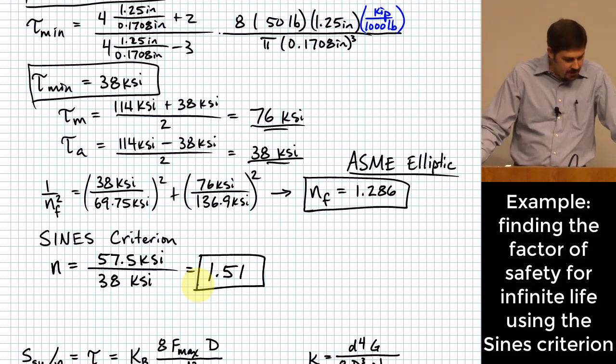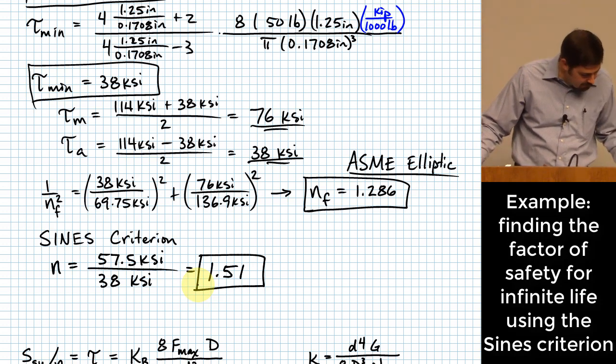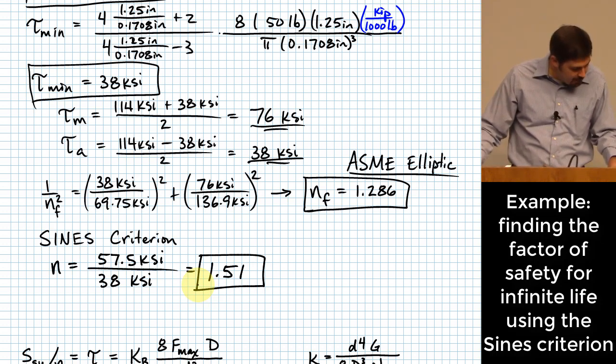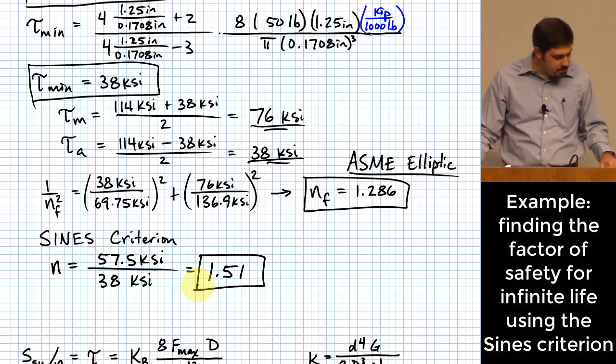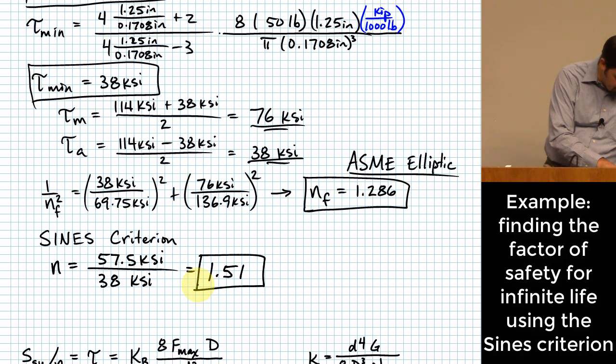So for the Sines criterion, they don't have equations that are boiled out, at least not up here in the main part of the text. It describes it in the paragraph at the bottom of page 528. It says springs are free of notches and surfaces are often very smooth. Oh, it actually references the part right before that.